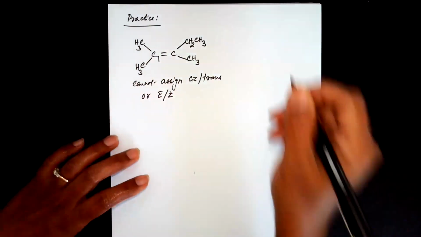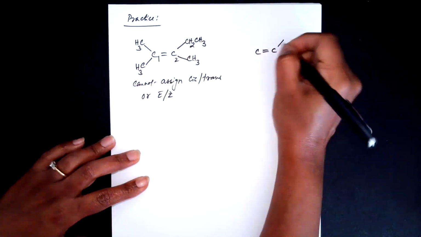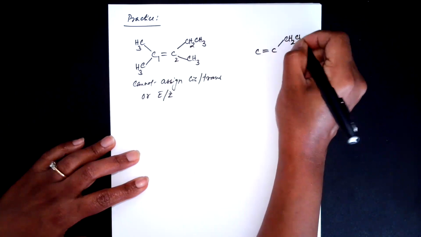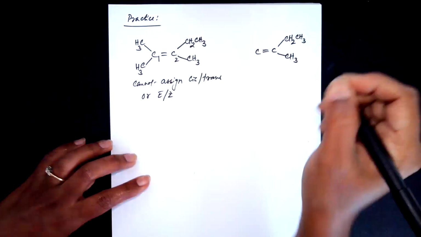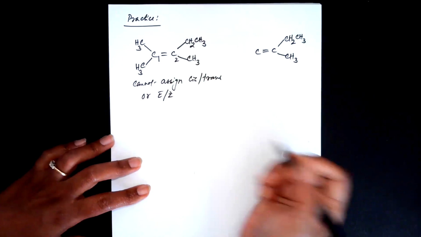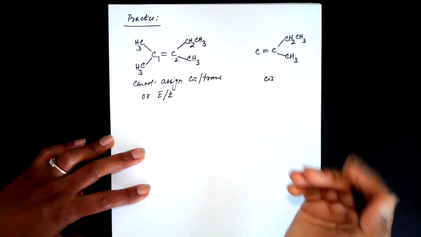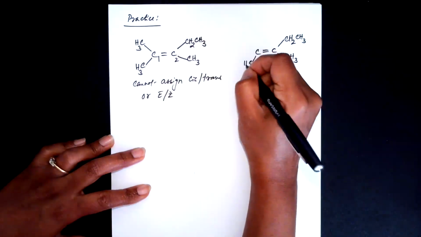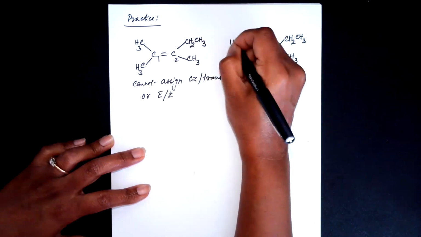Let's try another one. We could do carbon-carbon double bond. Let me keep one part the same. And I wish I could ask you to suggest what else I can do to draw maybe a corresponding cis type of molecule. Well, if I'm trying to draw the cis form, I should have like groups on the same side.